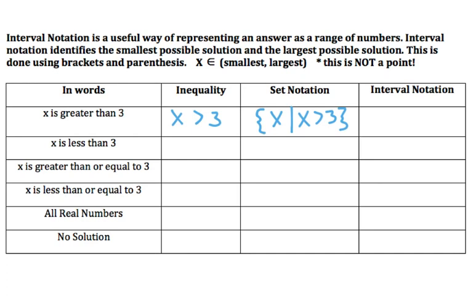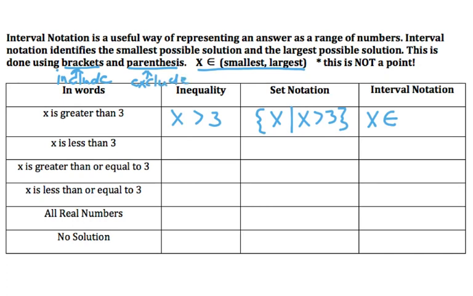This is done using brackets and parentheses, and here's the form that we're going to set it up in. We're going to do x, and this e looking thing says element of, so x is an element of this set. Now we're going to use brackets if we're including the number, and parentheses if we're excluding the number.